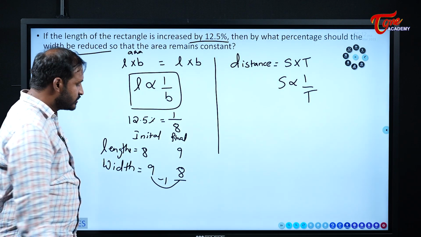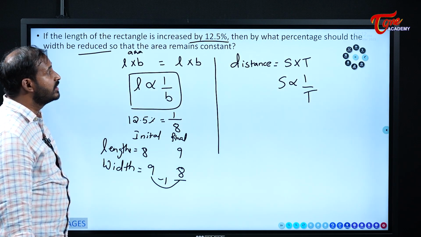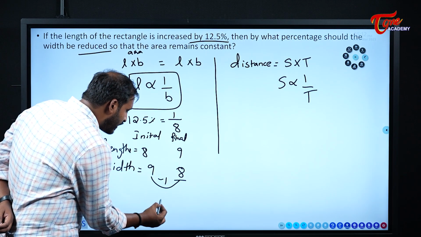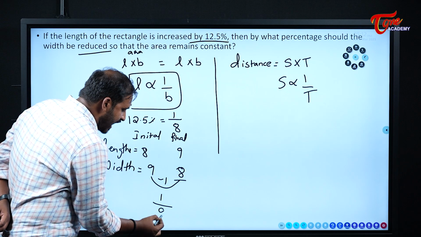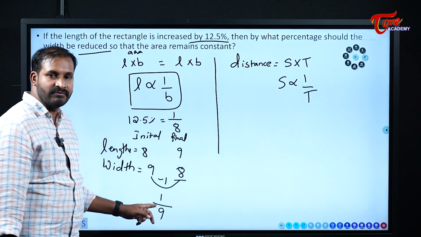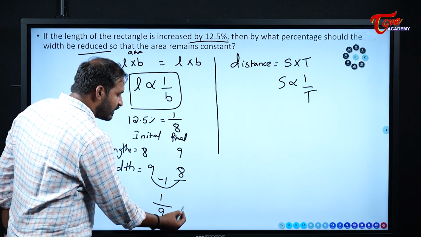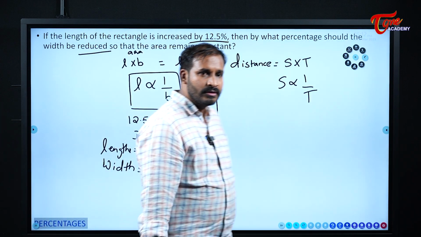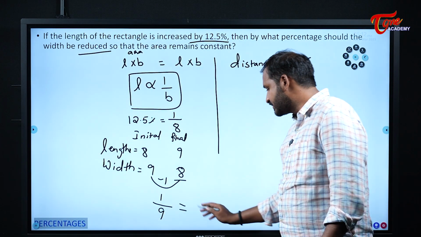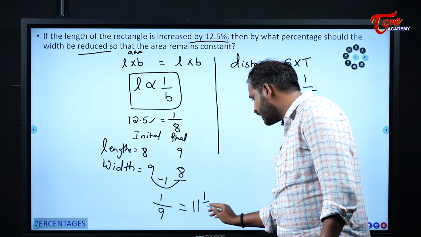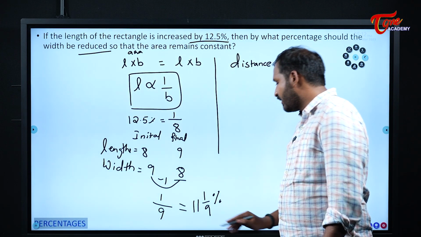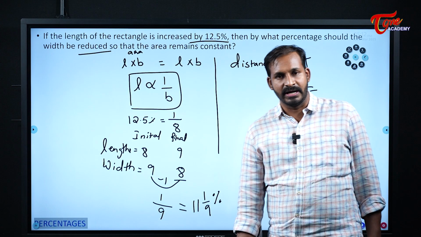Minus 1 part. So how much percentage is it reduced? 1 part out of total 9 parts. Actually it is 9, but it is reduced by 1 part. So 1 by 9. What is 1 by 9? We already discussed, 1 by 9 fraction is nothing but 11 1/9 percentage.